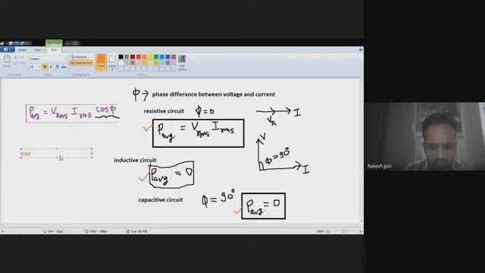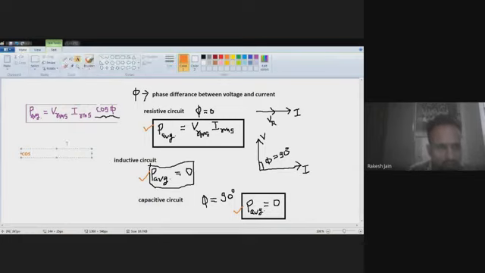So what is the power factor? The power factor is your cos phi.